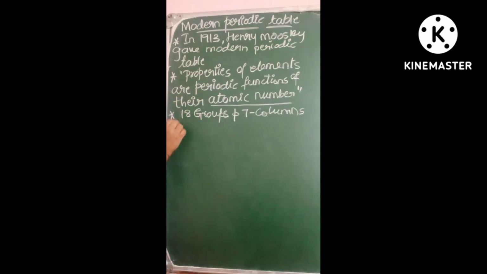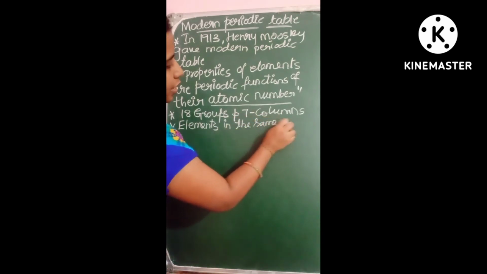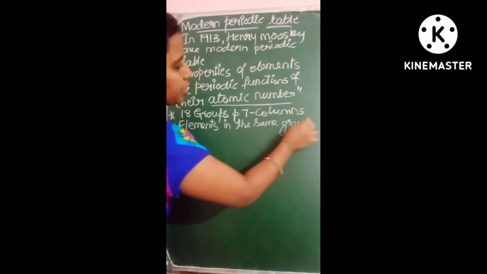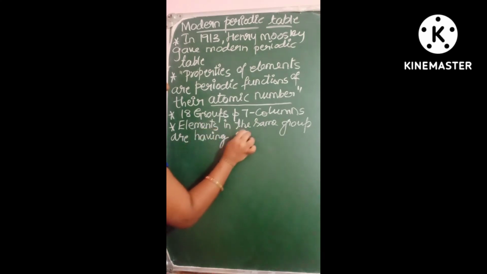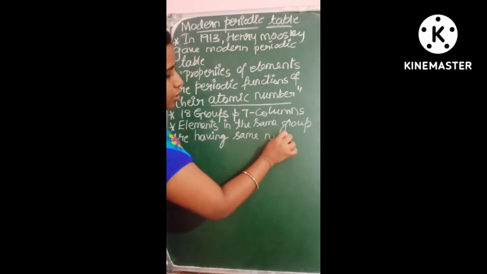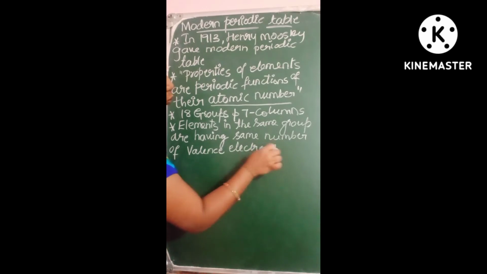In his modern periodic table, the elements which are present in the same group have the same number of valence electrons, right?